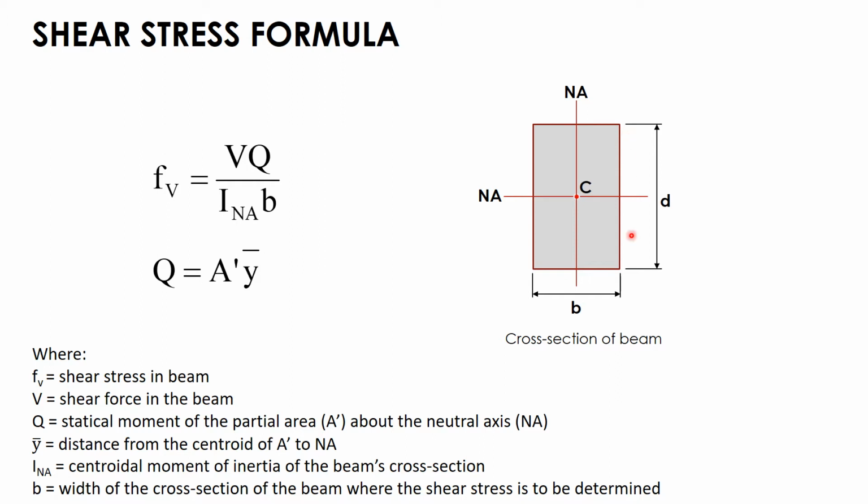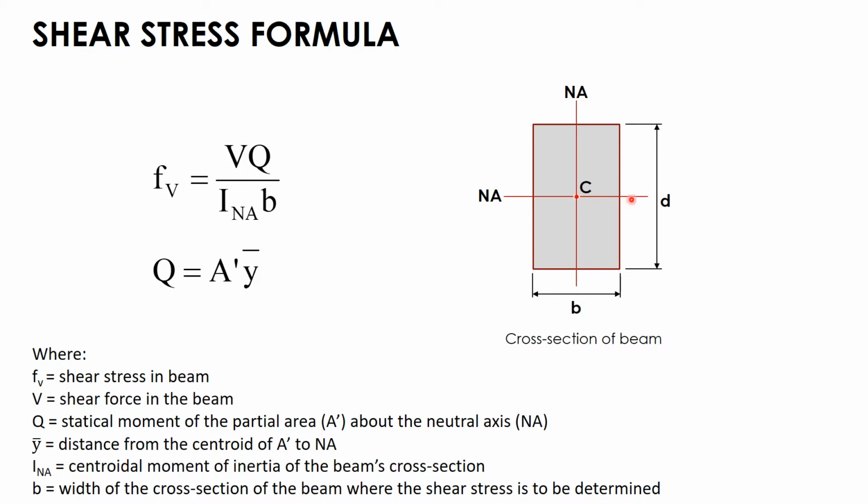Like this rectangular beam, we have already located its centroid. Since this is a regular cross-section, regular geometric shapes have available formulas to locate the centroid.